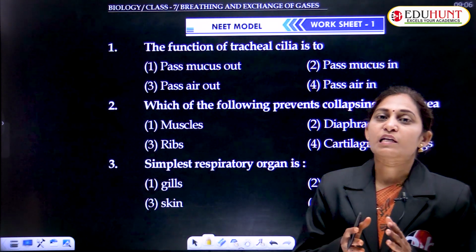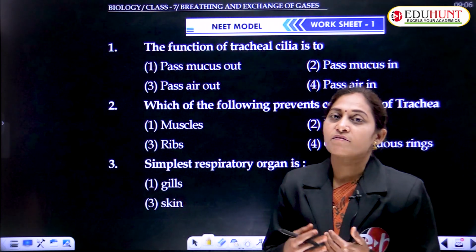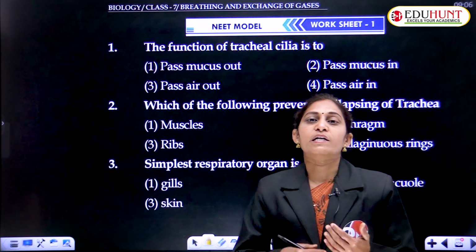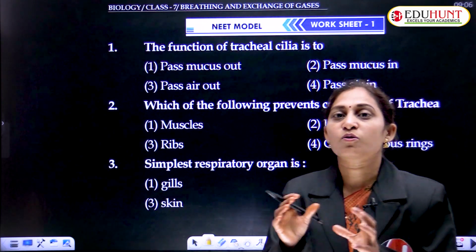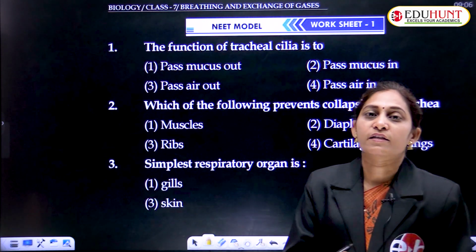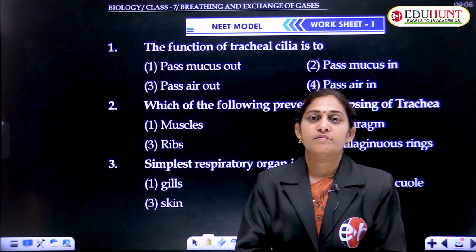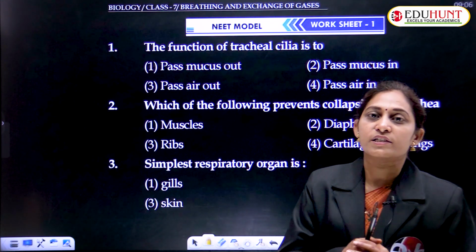I said repetition is a must. Revision. If you do the same thing a number of times, the impression will go to your brain and you will not forget the things for a long time. So this will happen only because of revision.